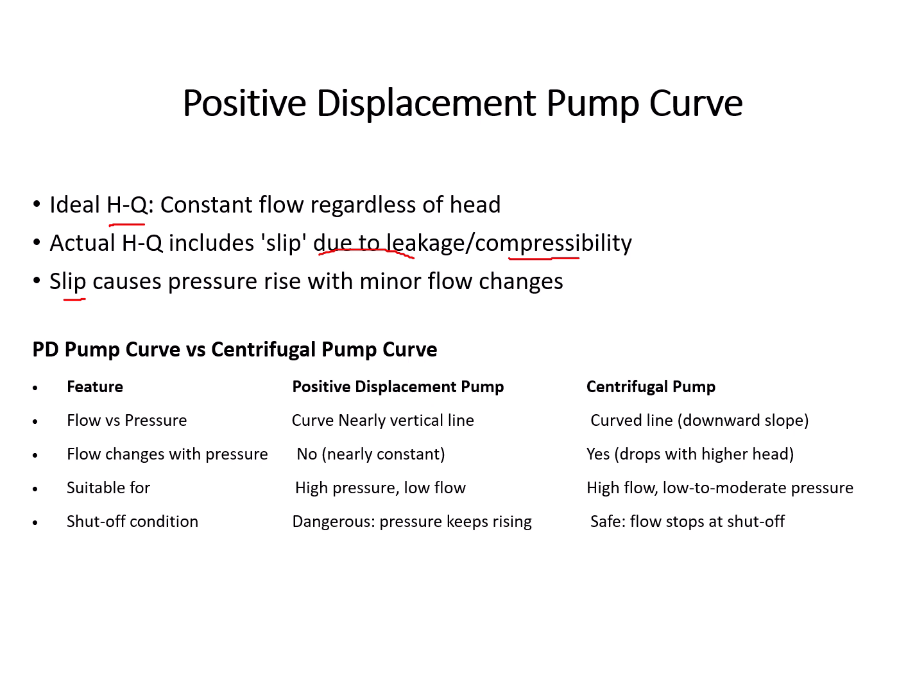The shut-off condition that we discussed on the last slide is dangerous in a positive displacement pump because the pressure keeps rising, while it is safe in a centrifugal pump as the flow stops at shut-off.